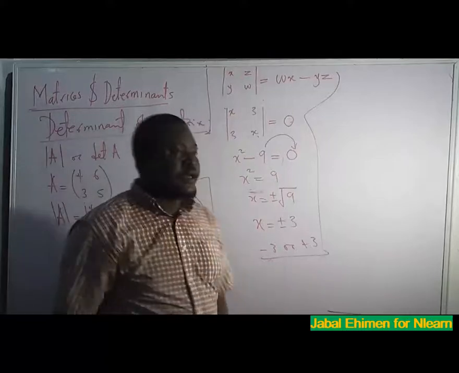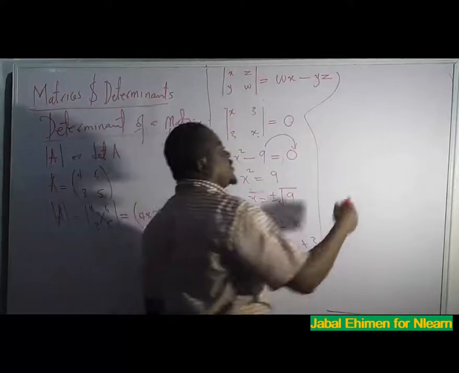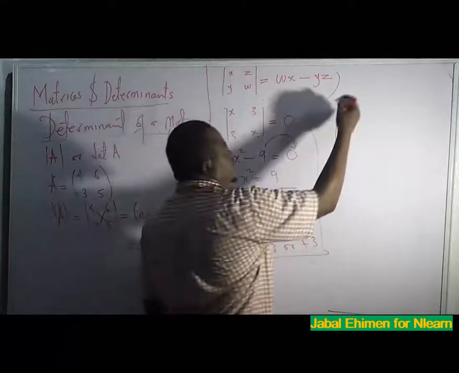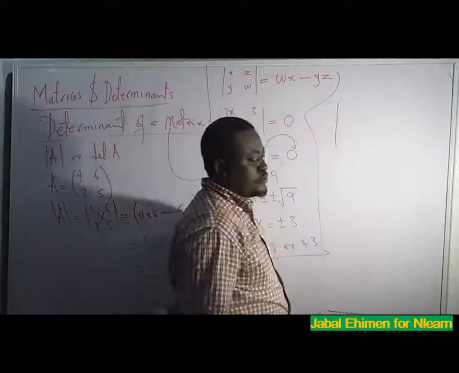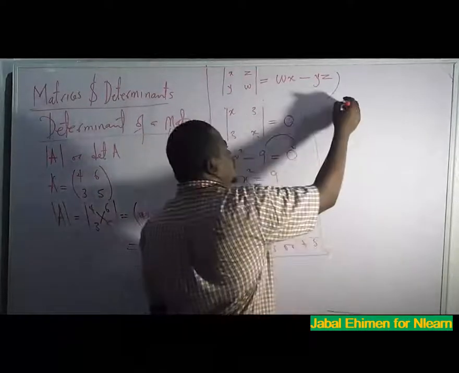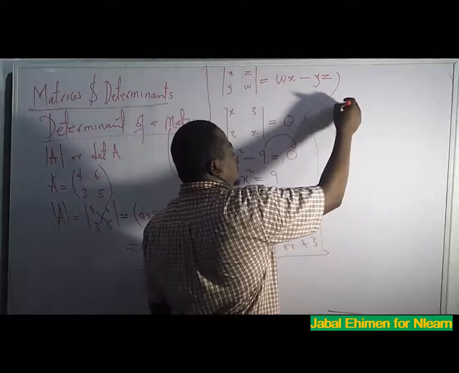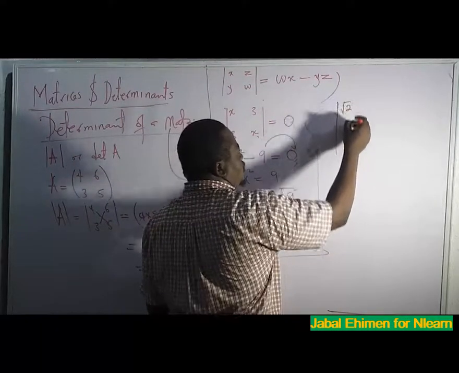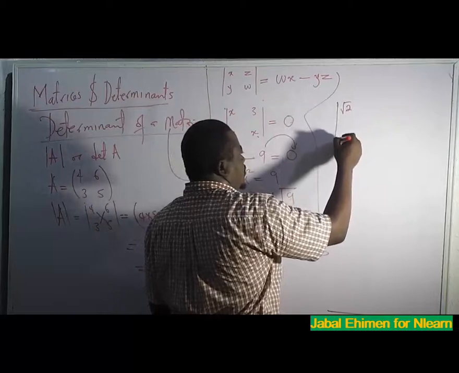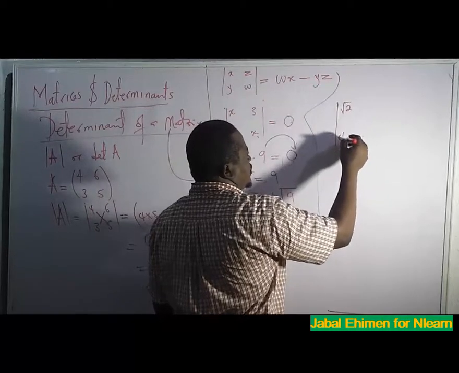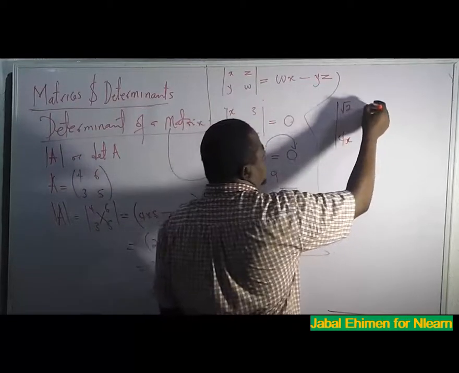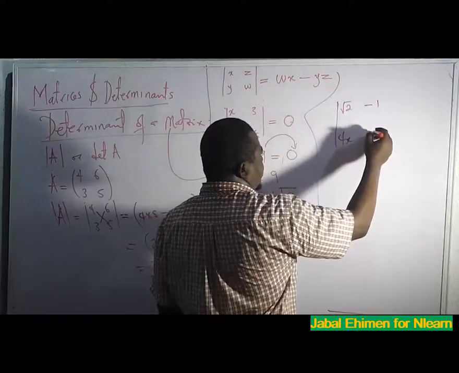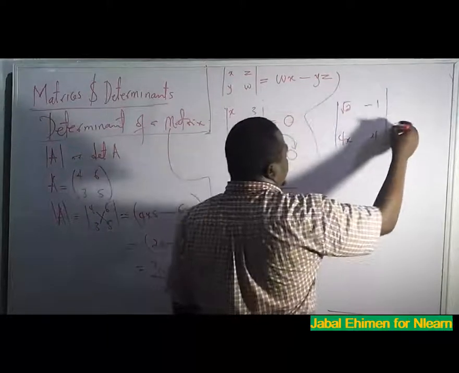Now from there, it's also possible to have statements where you are given values like root 2, 4x, 4x, minus 1, and 4, all equal to 0.